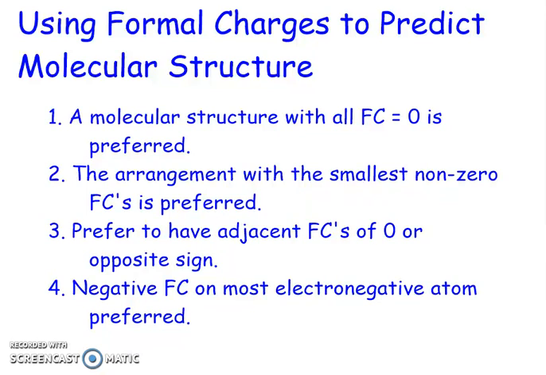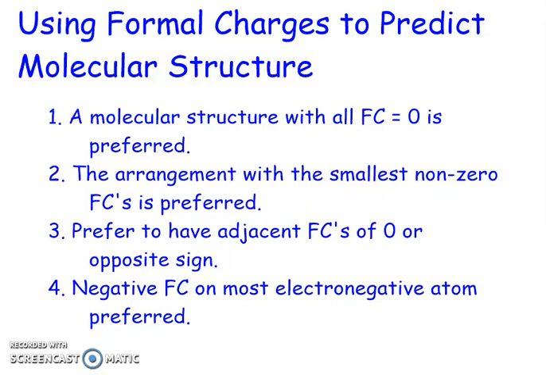The arrangement with the smallest non-zero numbers is preferred. So if we can't have all formal charges being 0, we want them to be as close to 0 as we can. Rule 3 says we prefer to have adjacent formal charges of 0 or the opposite sign.